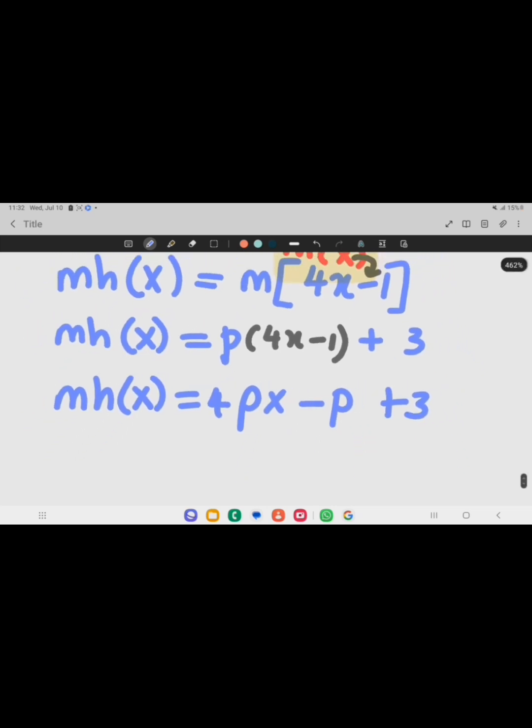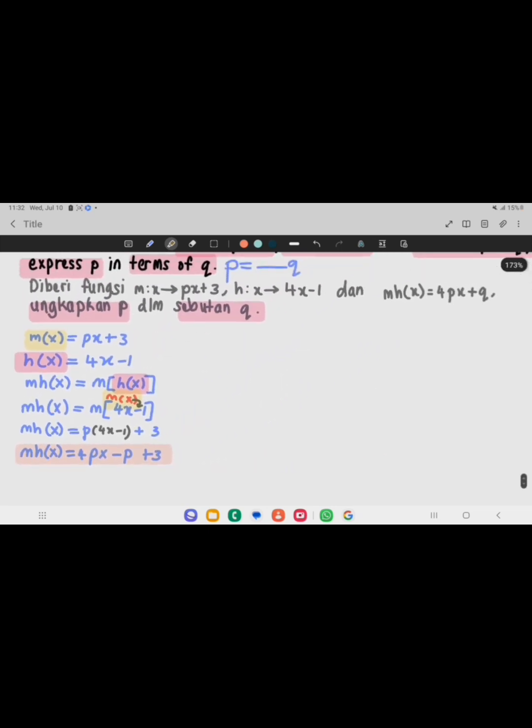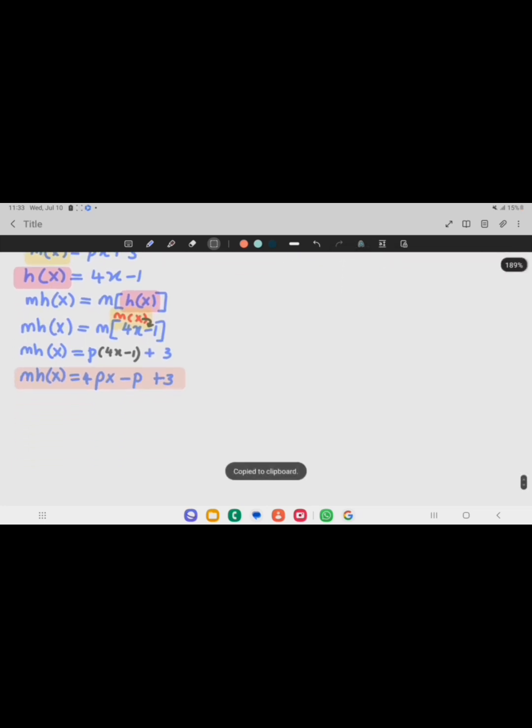Okay, so now that you have got your own mh(x) function, now you have your own composite function mh(x), and if you guys notice, there's another mh(x) which is given in the question. So I'm just going to copy and paste the mh(x) given to you. I repeat, this is given to you in the question.